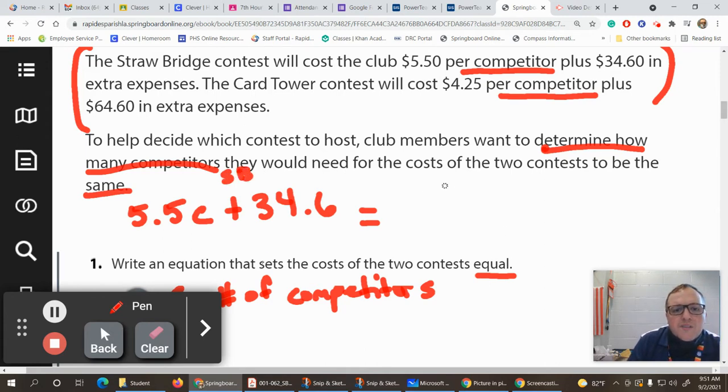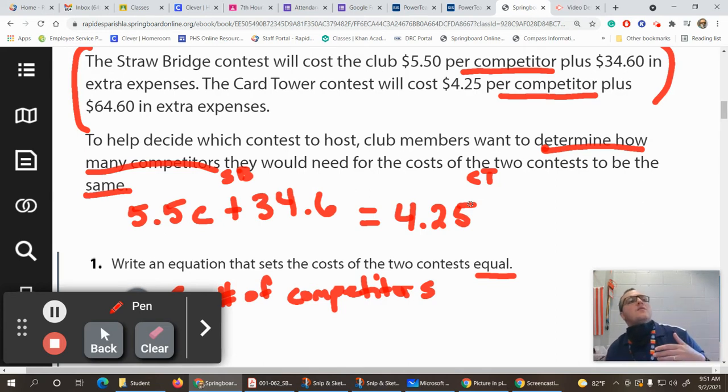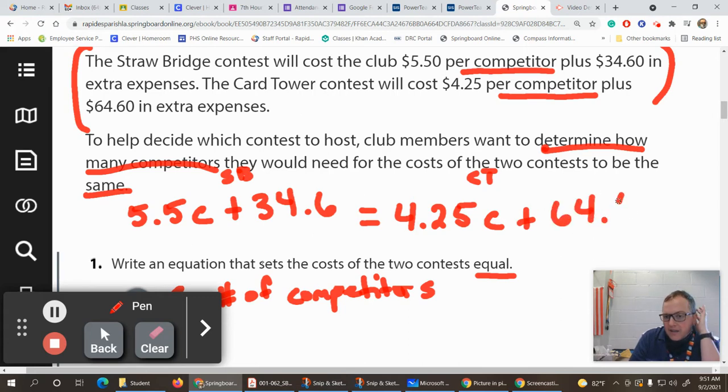What represents the Card Tower contest now? $4.25. For however many people show up, I have to pay $4.25, because I have to get their supplies. It costs me $4.25 per competitor. Any other costs? 64.60.